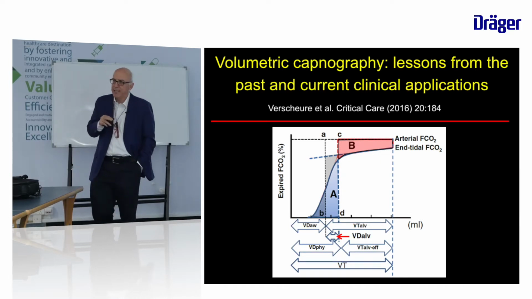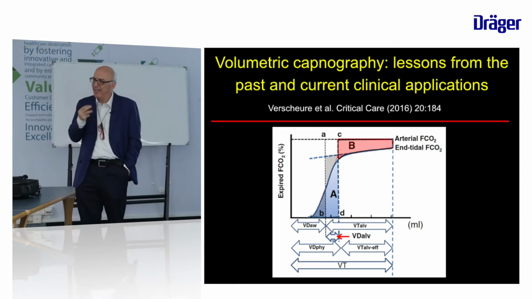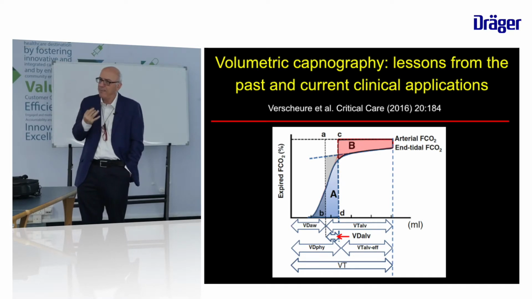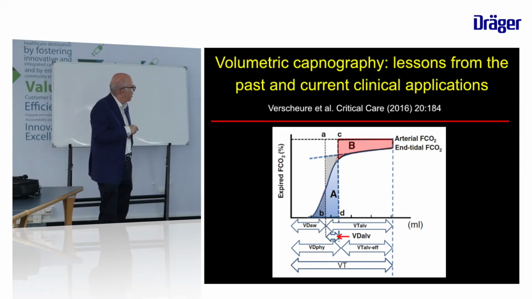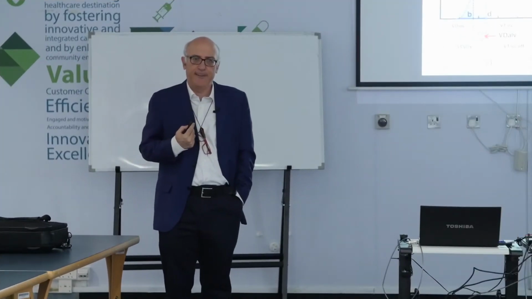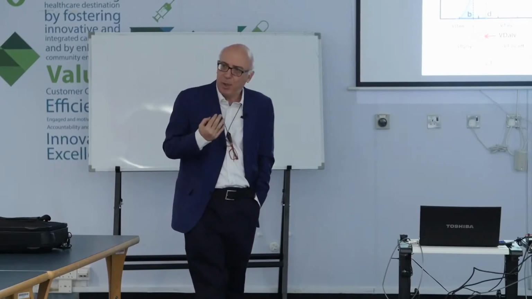So what I mean is that with volumetric capnography, which I think we should use more and more in the operating room, we can get information about the real fraction of tidal volume which is really ventilating the lung, okay? This is extremely important in view of protective mechanical ventilation.